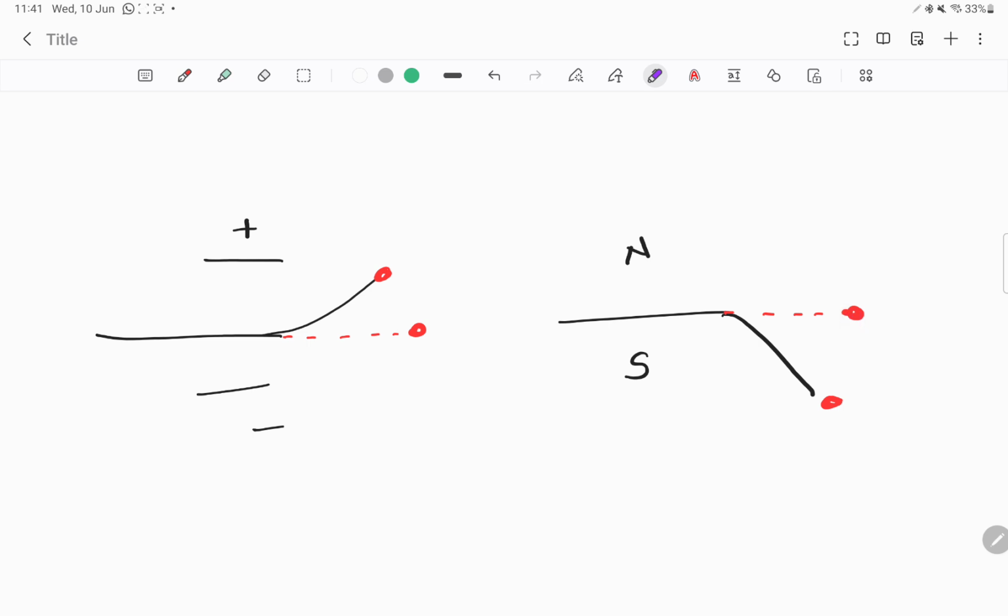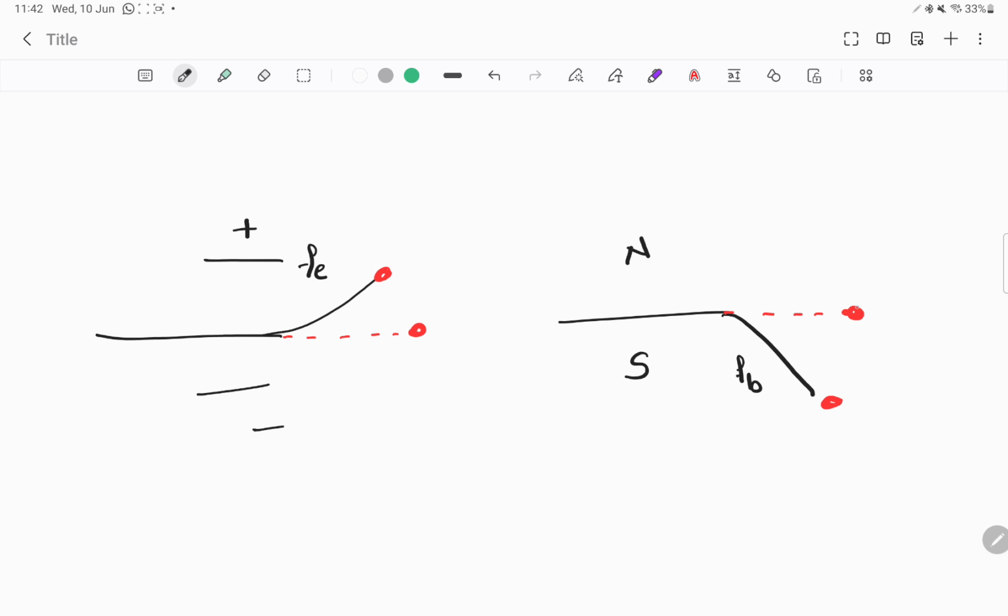At that point, here it is bent because of Fe. What is Fe? The electric field force acting on the cathode rays; that's why it is bent. Here, why is it curved? Because Fb is acting on the particles. What is Fb? It is the force of the magnetic field.